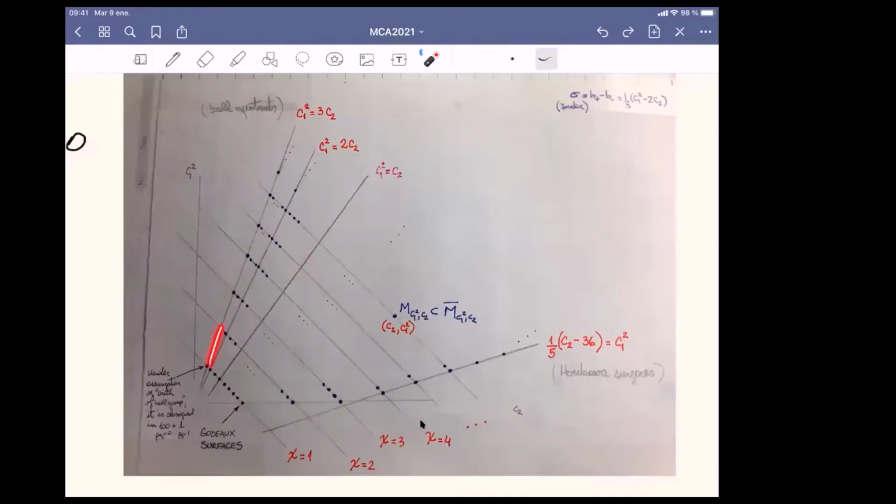These are the ball quotients by the theorem of Yau and Miyaoka, because you need to have canonical class ample. If you have equality here, this is if and only if you have a surface that is a ball quotient. And they are rigid. Very special surfaces over here.